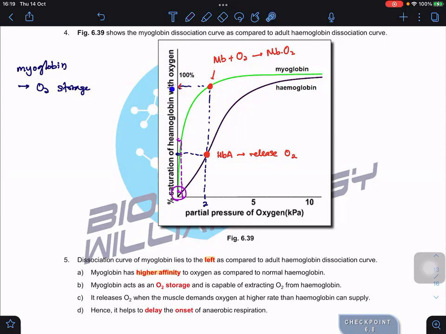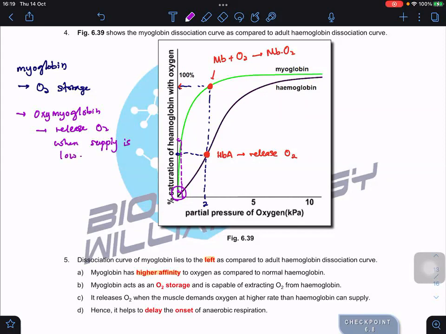Can you see the drop from roughly 90% to about 50%? So oxymyoglobin only releases O2 when supply is low.